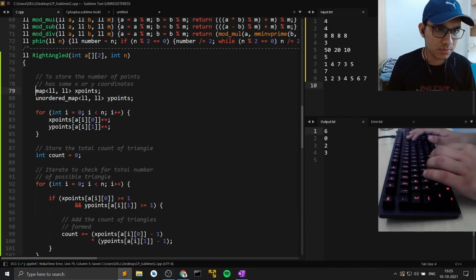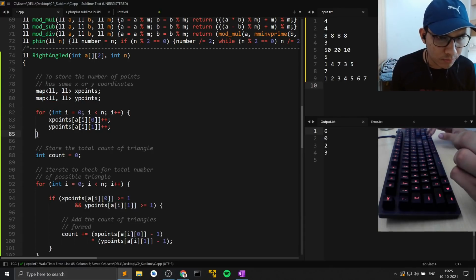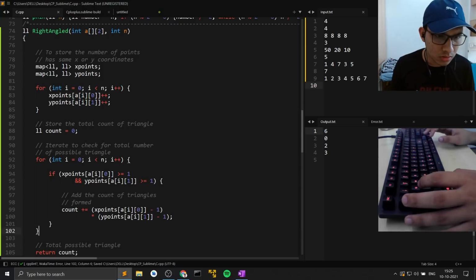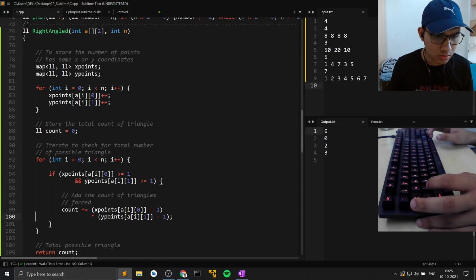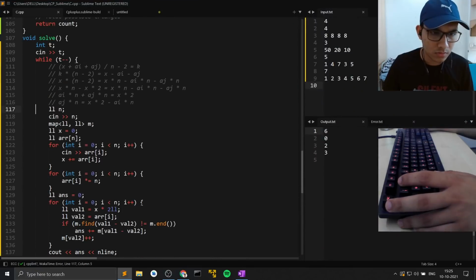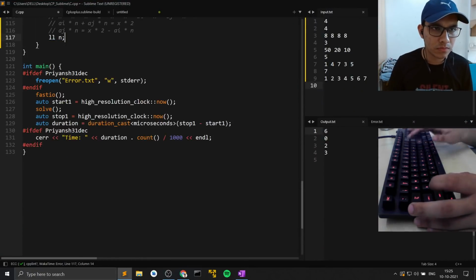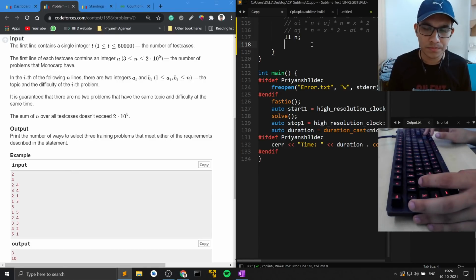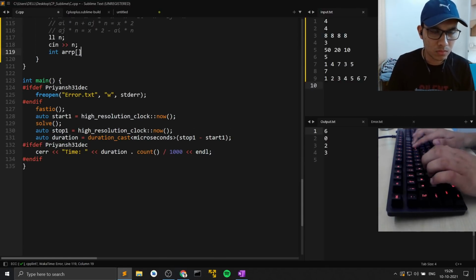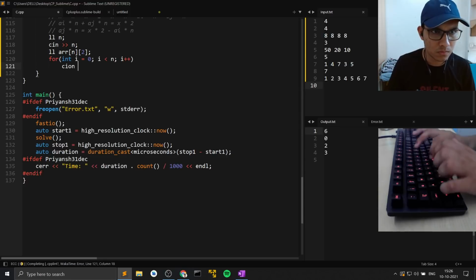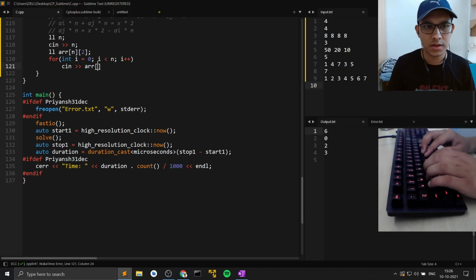Should I just use a map here? A map should be better. Right.